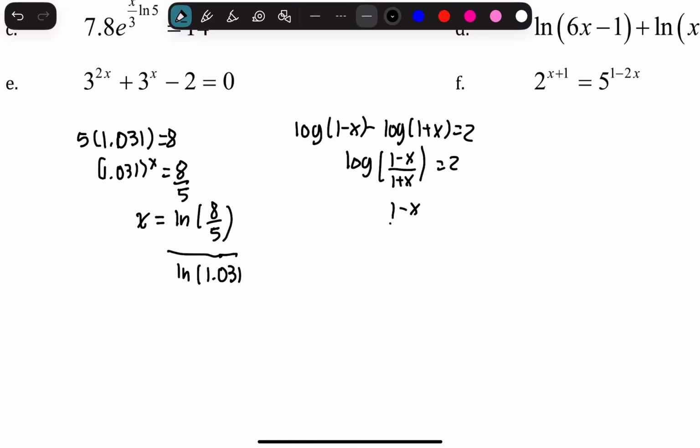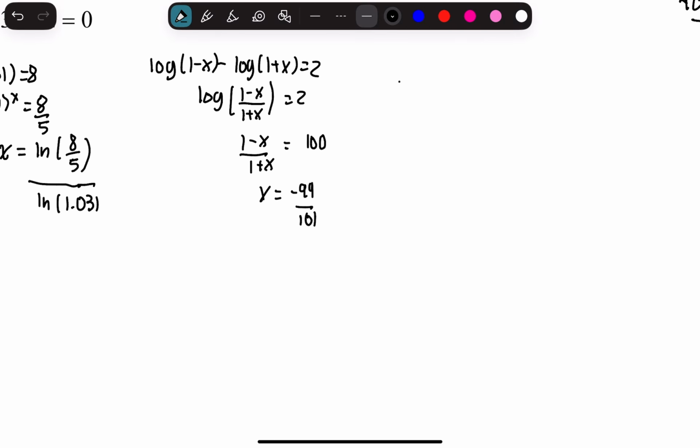Now you have to raise both sides to the base. You have to reverse taking the log base 10 of both sides. So that's going to make 2 into 100. So that's going to be x is equal to negative 99 over 101.